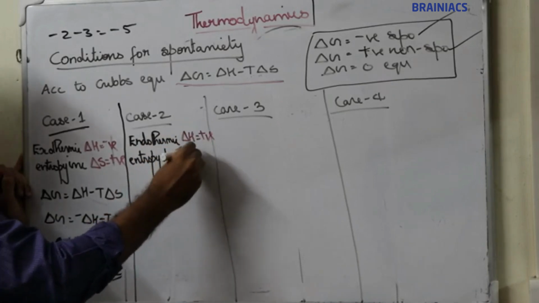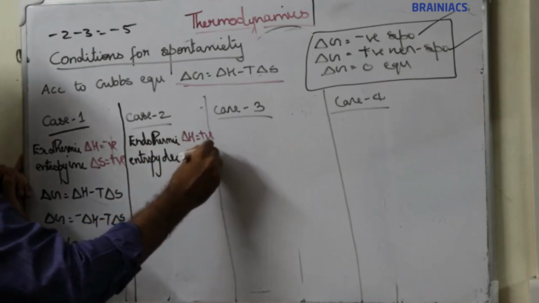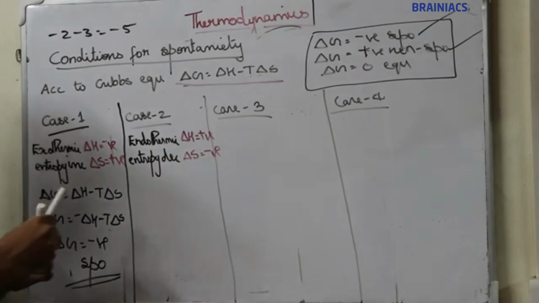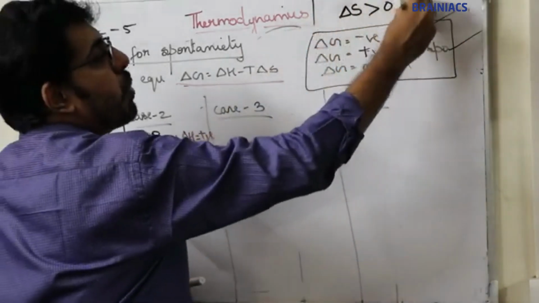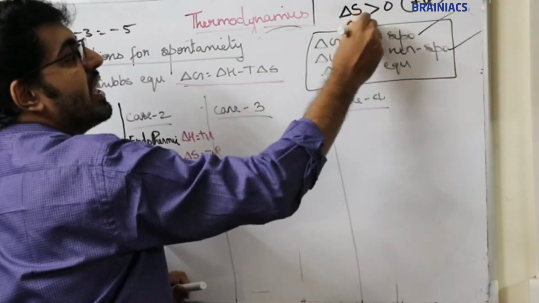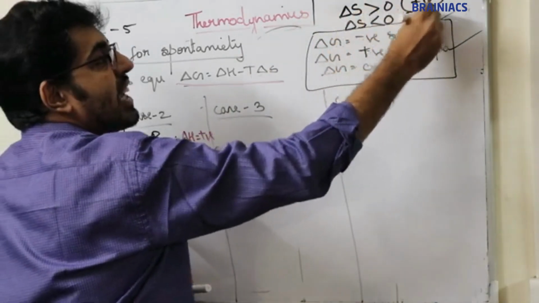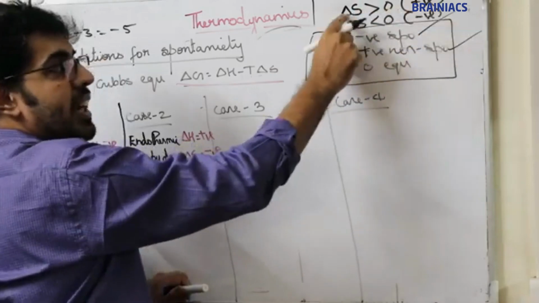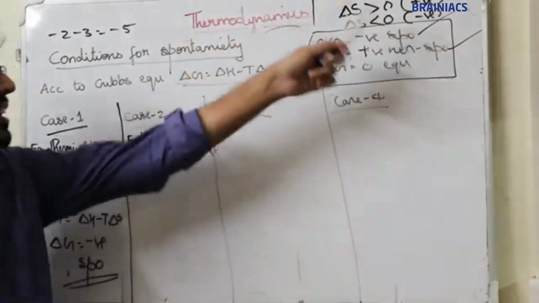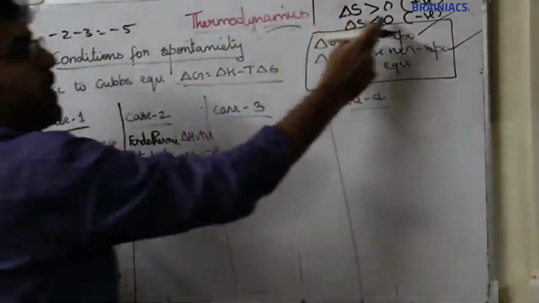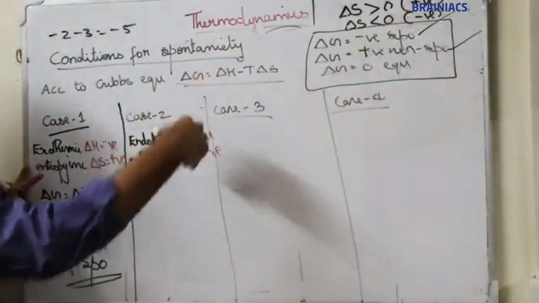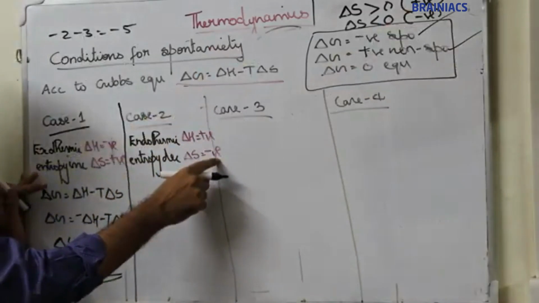Entropy decreases, delta S value negative. Entropy increases means delta S value greater than 0, that is positive. Entropy decreases means less than 0, that is negative.